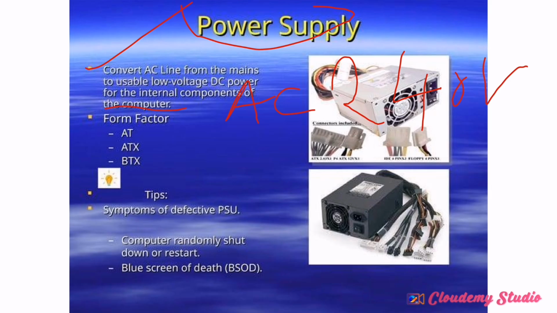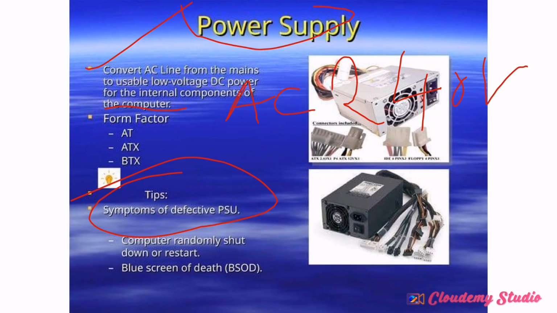So it is going to convert this 240 to 19 volts, 20 volts, 5 volts. That's the main function of the power supply. For form factor, you have AT, ATX, BTX. Now the tips, symptoms of a defective PSU, power supply unit. That's what PSU means, power supply unit.